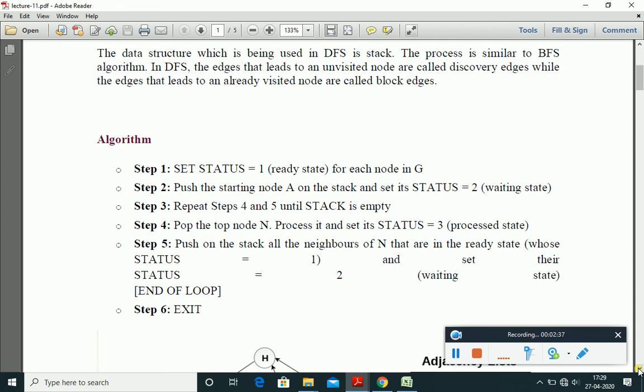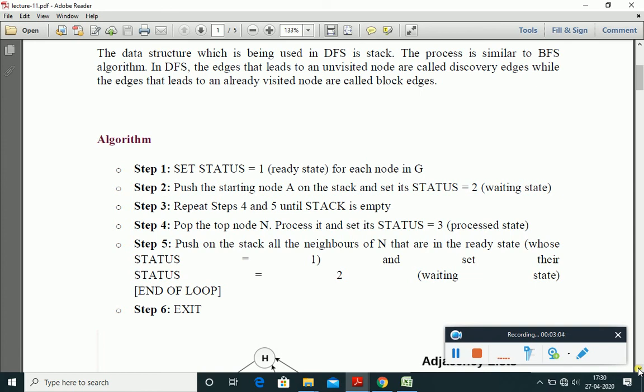So how will we do that? For each vertex we take a special variable, status, and mark it equal to 1. When a vertex has status 1, it means the vertex has not been discovered yet. When the vertex is discovered, it will come into the stack and we make its status equal to 2.